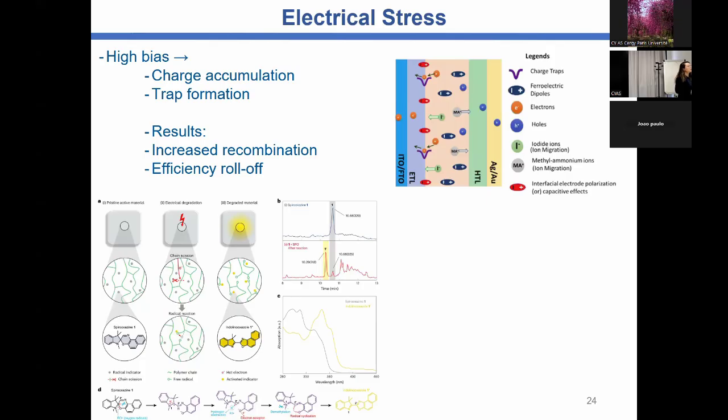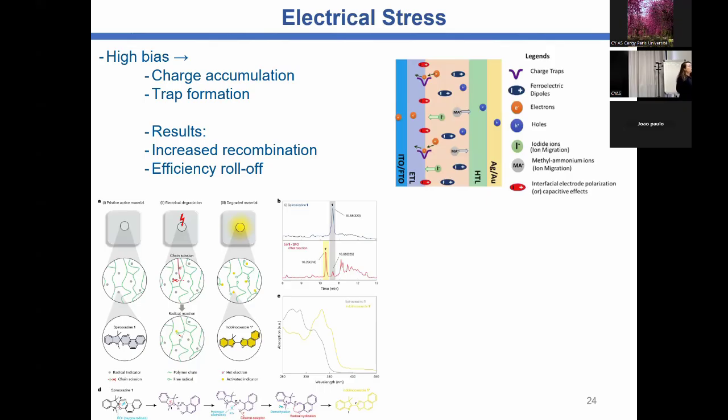So these free charges can easily accumulate at the interface, depending on the organic or inorganic interlayer. As the girls are working with self-assembled monolayers that form dipoles, this is quite important to deal with, because if you think that the dipole has one polarization here, it will attract the ions just on one side.